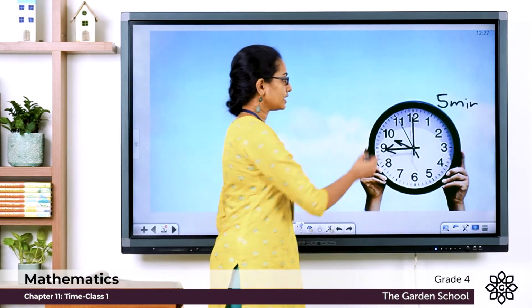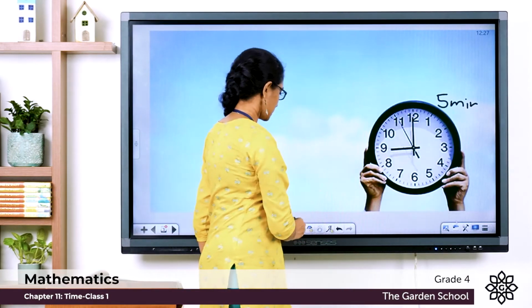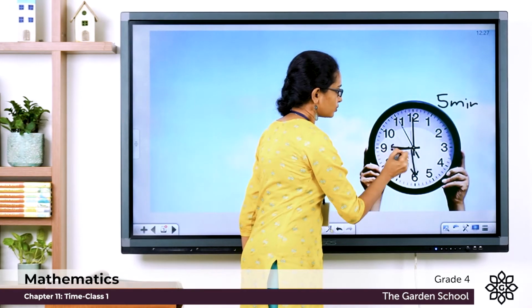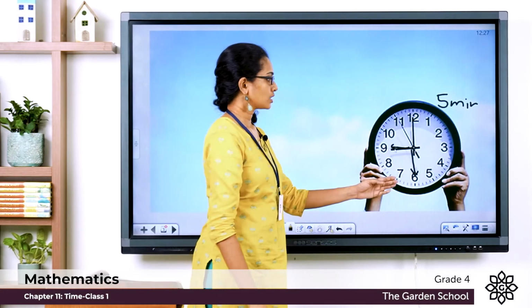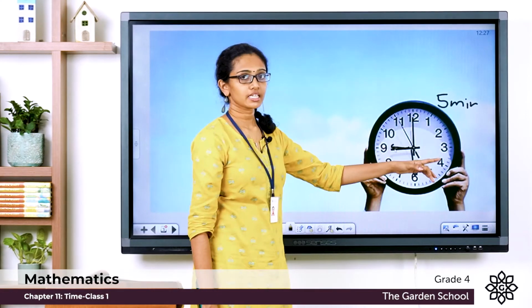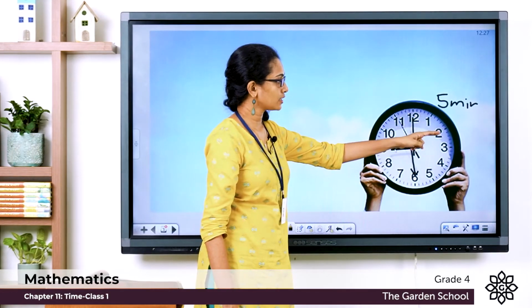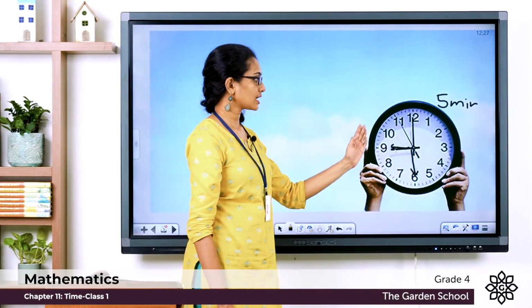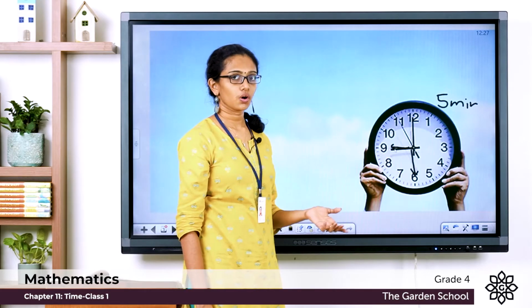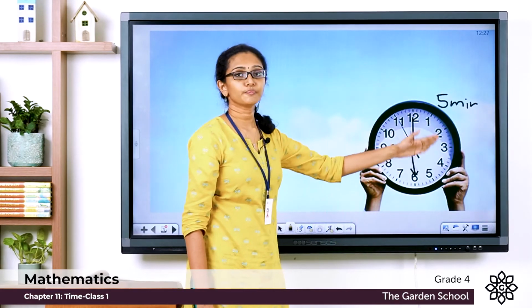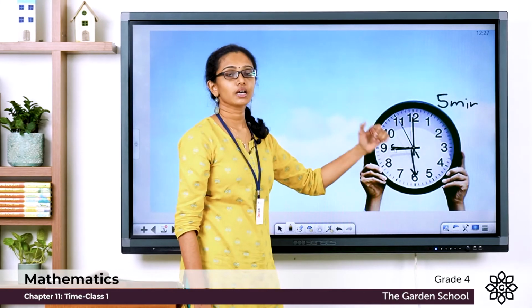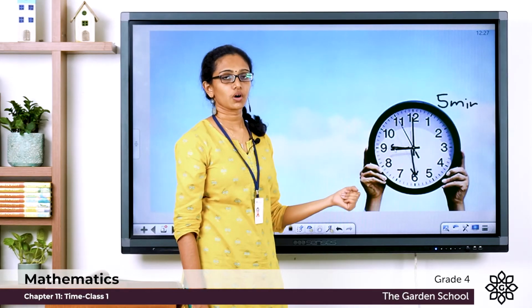Now let the minute hand be pointing towards the number 6, and the hour hand is pointed to 9 itself. Right now the minute hand has passed, see, 5, 10, 15, 20, 25, 30 minutes. So it is 9:30, which means it is 30 minutes past or after 9 o'clock.